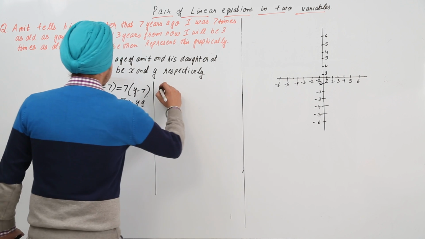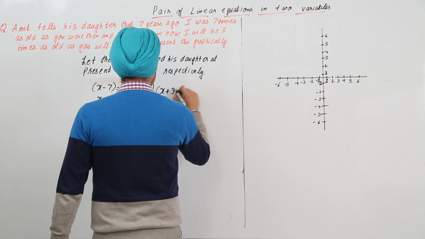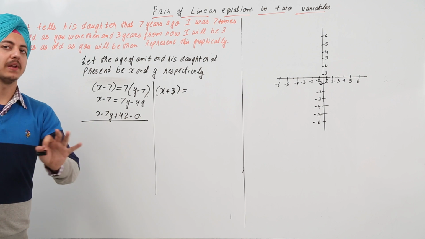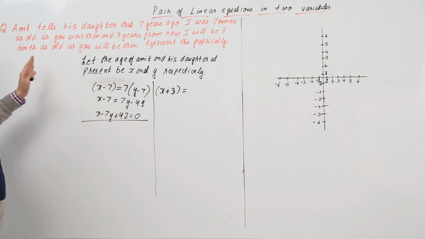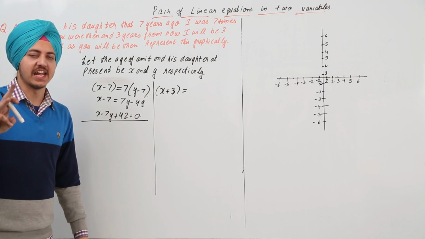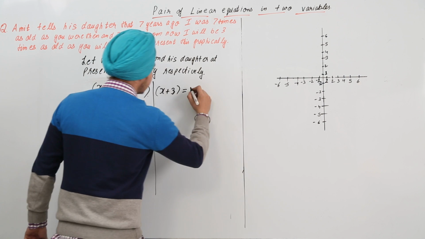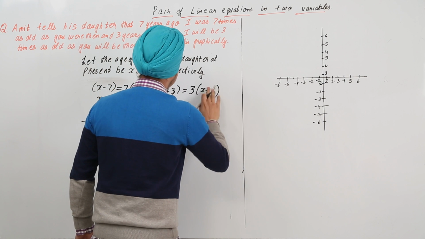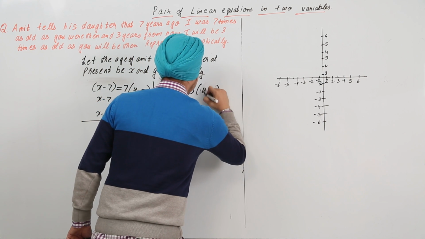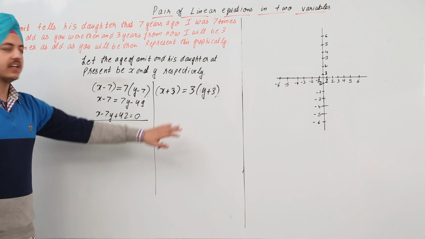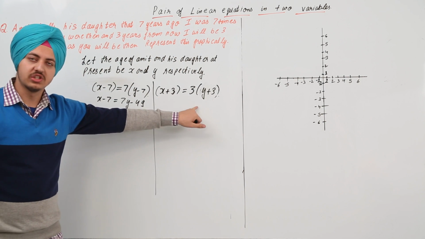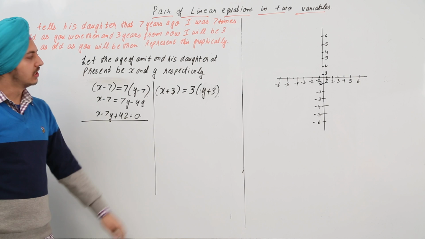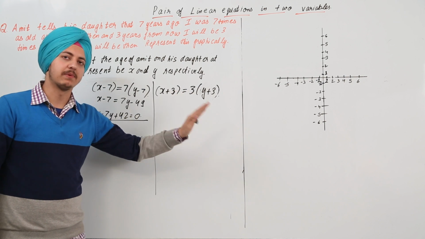Now the other equation. 3 years from now, Amit's age will be X plus 3, and what will be his daughter's age? It will be Y plus 3, correct? He says that 3 years from now, I will be 3 times as old as you are. So X plus 3 is equal to 3 into Y plus 3.